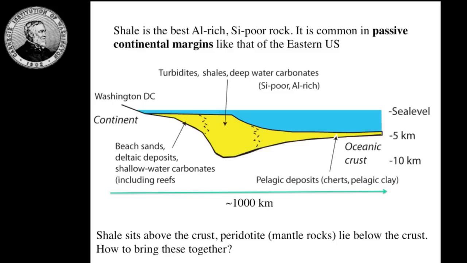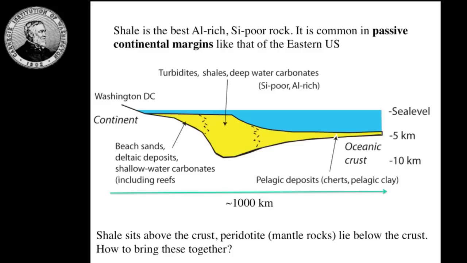The rivers don't carry the muds very far, so closer to shore there are beach sands and deltaic deposits, and farther from shore cherts and pelagic clays. And in this very thick sequence you'll have lots of shales and carbonates.